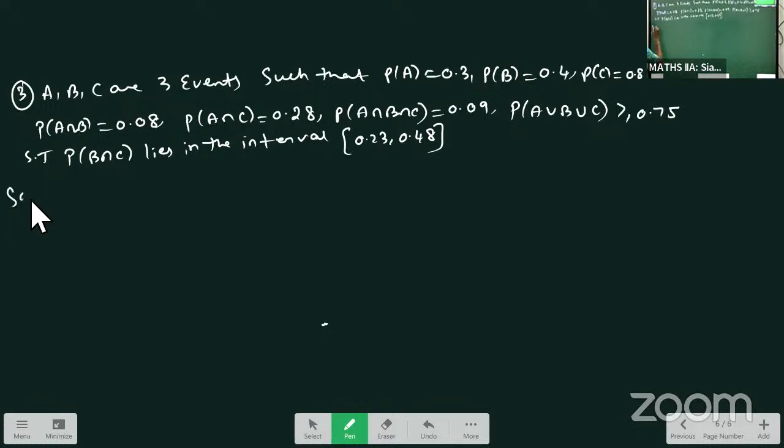Solution. First write the given data. What is given? A, B, C are 3 events.